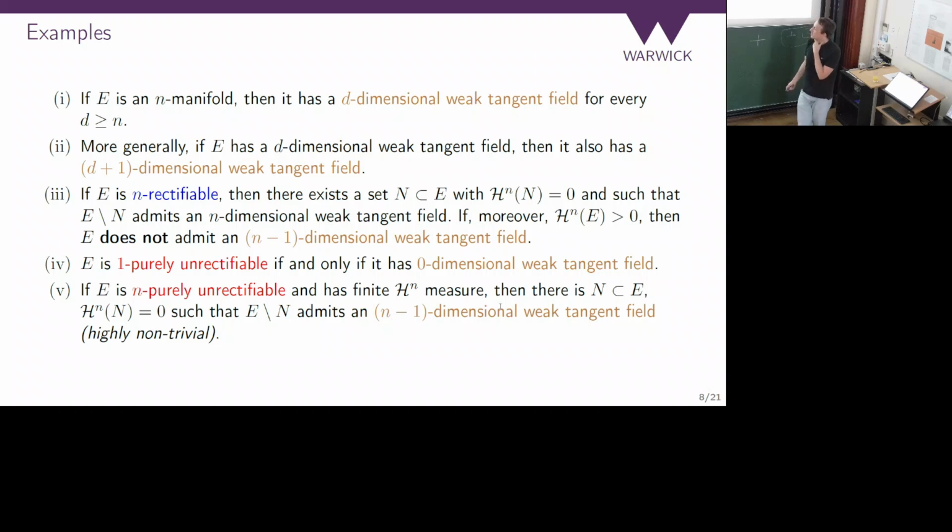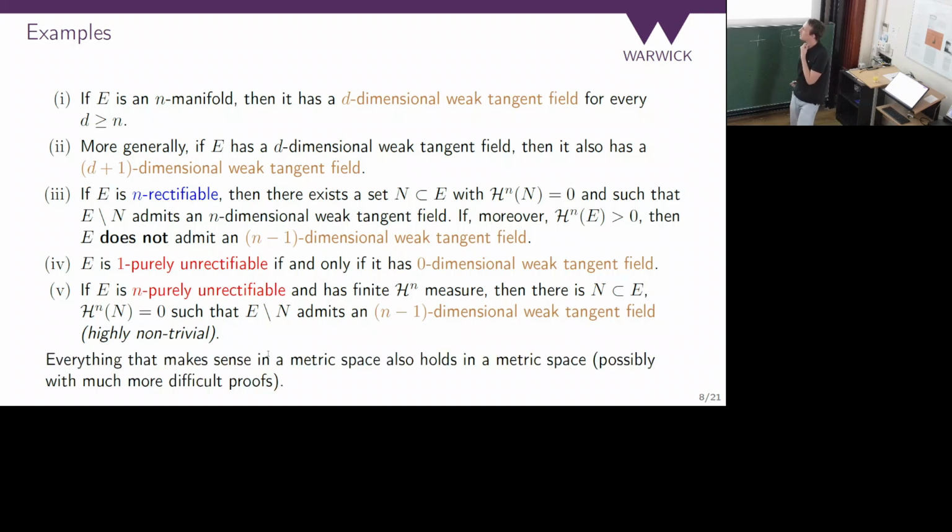But you still have this. If you have an n-purely unrectifiable set which also has a finite H^m measure, this is very important, then you can find a null set that you can throw away, such that again the remainder admits an n-1 dimensional weak tangent field. As I said, it's already highly non-trivial.